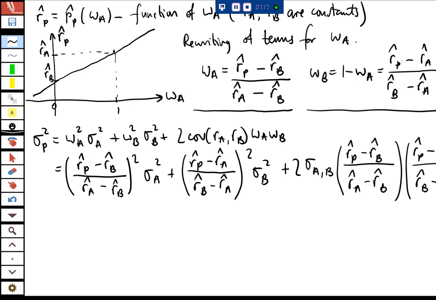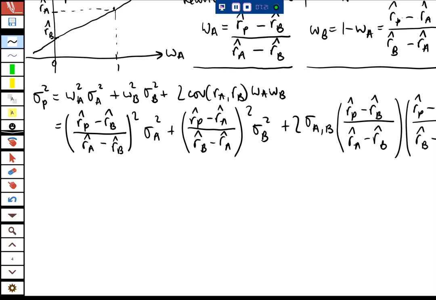Okay, and we need to multiply all of this out, and the only thing we're going to allow to vary is the expected return on the portfolio. Everything else is a constant.